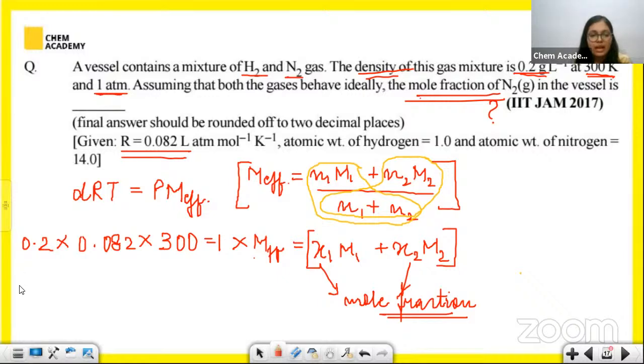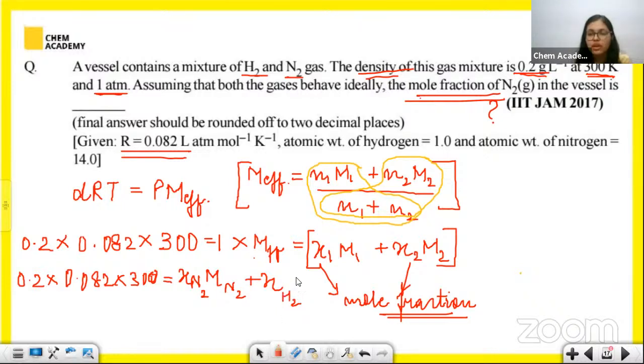So if we solve it, we can write it as 0.2 into 0.082 into 300 is equal to, now if I substitute the value of M effective, mole fraction of N2 into the molar mass of N2 plus the mole fraction of H2 into the molar mass of H2.